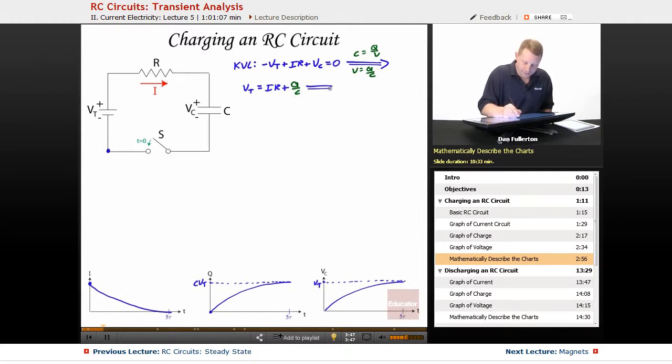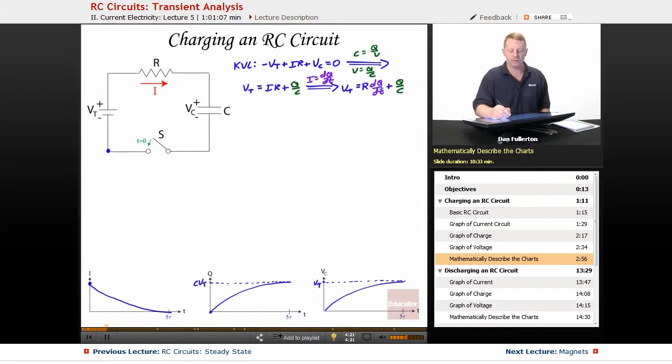This implies then, though, Q and I are related because I equals dQ/dt. We can write this as V_T is equal to R times dQ/dt, replacing I with dQ/dt, plus we still have our Q over C. We have a differential equation.